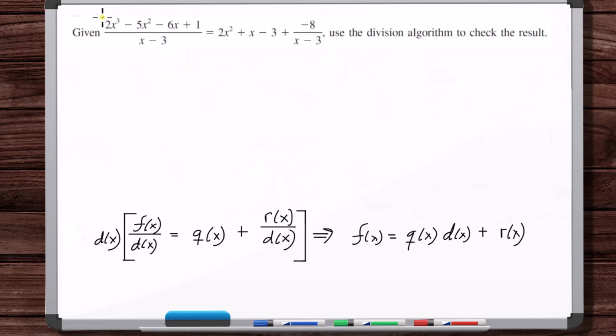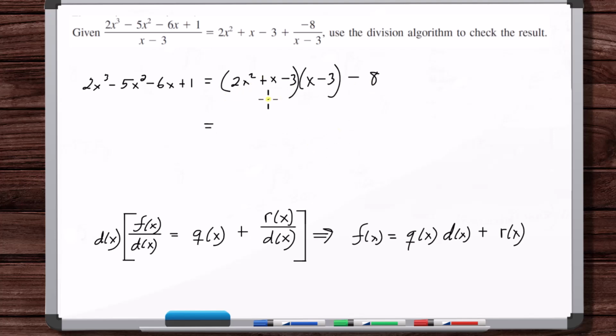So here's f of x, the dividend. So 2x cubed minus 5x squared minus 6x plus 1 is equal to the quotient, 2x squared plus x minus 3, times the divisor, plus the remainder. You see? So let's expand this out.